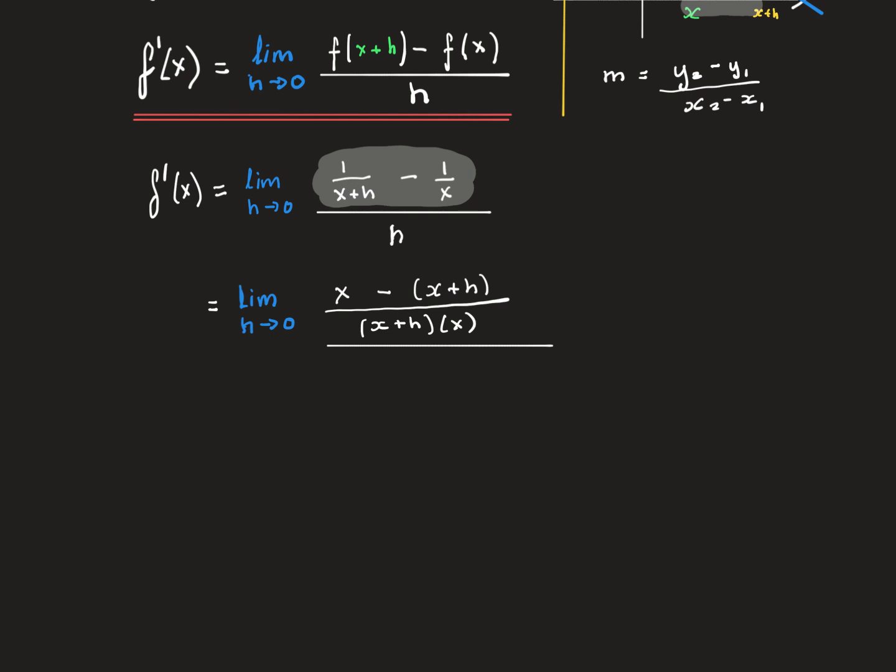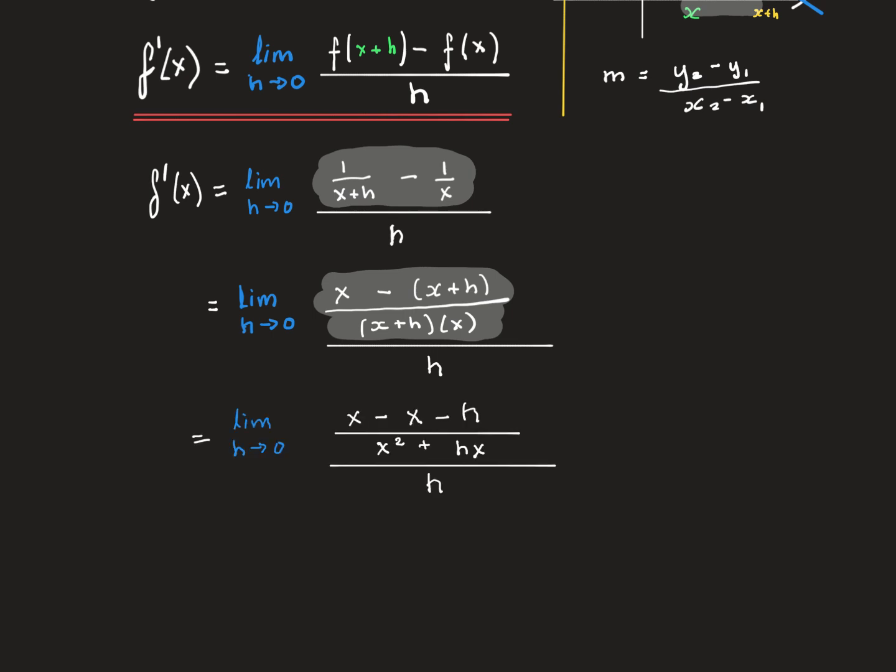And we still need to add that h in the denominator. And so our numerator now looks not too good. Let's start doing a little bit of rearrangement and simplification. So now our numerator looks like this.